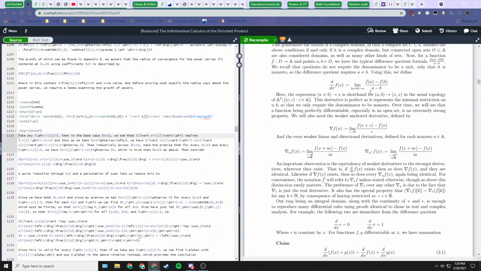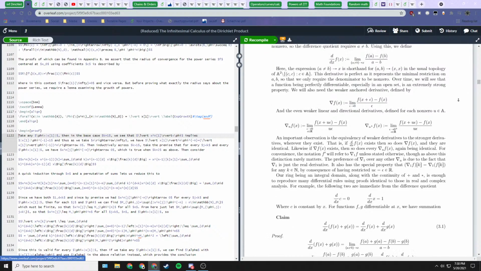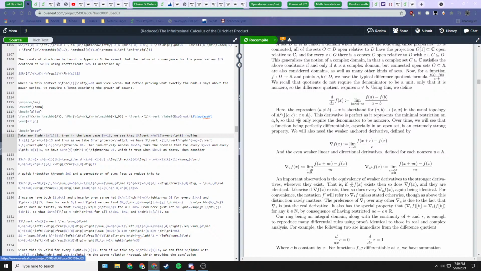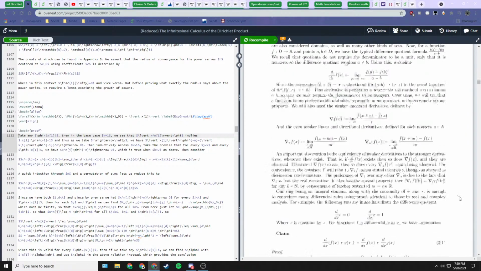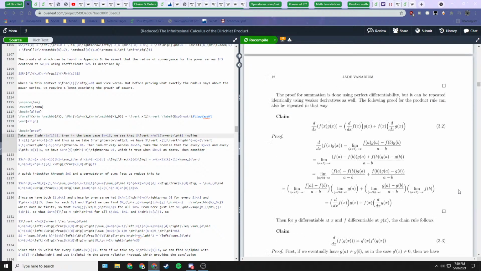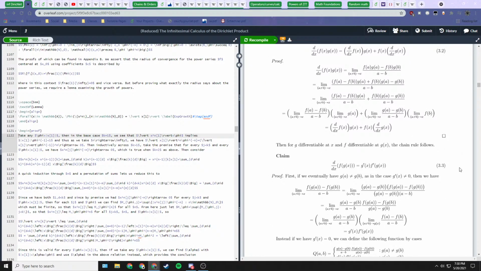Usually when you take the limit, you take one of those points as being fixed and the other point having some delta added to it, and you limit them to that place. But you can define it in a different way where both of the variables move at the same time and both independently go to this point, with the only restriction being that they're not equal to each other, so the denominator is never 0. That's how we had defined it originally, and it makes a lot of proofs a lot easier, actually.